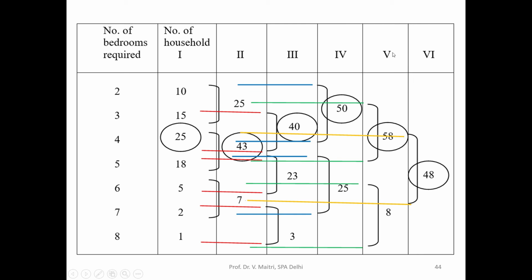Then we create another column, number 5. In this we leave the first observation, then 15 plus 25 plus 18, clubbing these 3 values works out to 58. The one we left out is added here: 5 plus 2 plus 1, works out to 8.